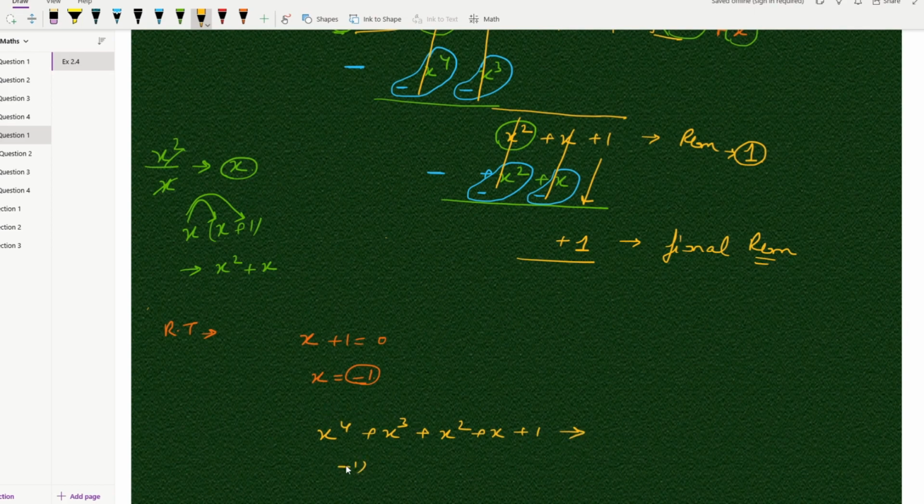It will become (-1) raised to power 4 plus (-1) raised to power 3 plus (-1) raised to power 2 plus (-1) plus 1.